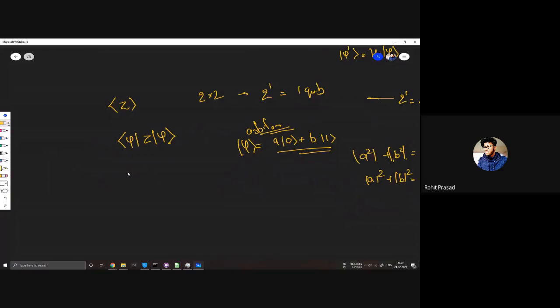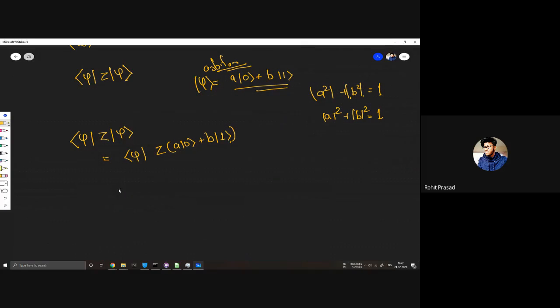So we can say psi z psi is equal to a, this thing is a psi z, not this way, we can write it this way: a 0 plus b 1, right?